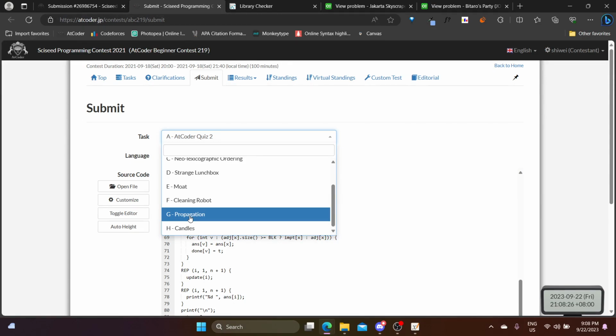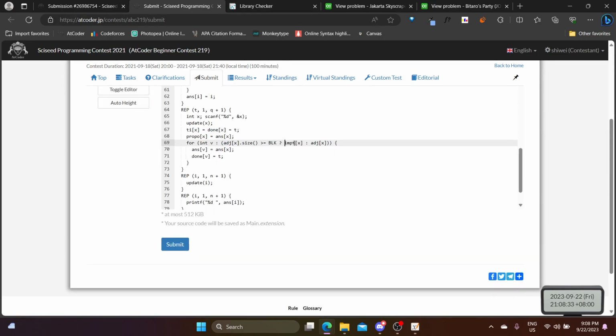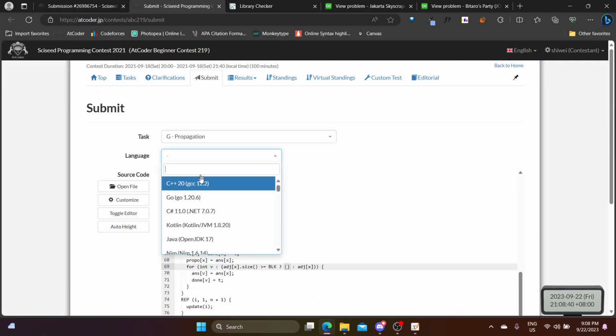So if it's more than or equal to the threshold, we can just not do anything. Compile error.